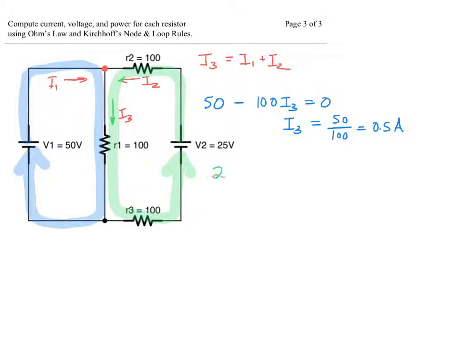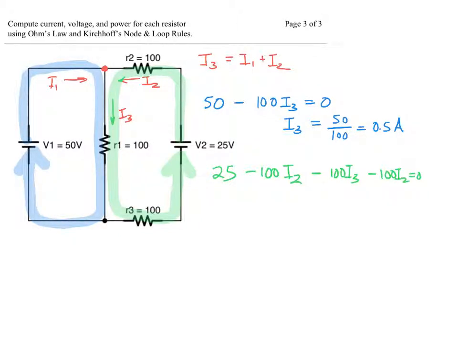So we'll have 25 volts when we pop out of the top of that battery, minus 100 I2, because that's what's going through resistor 2, minus 100 I3, which that'll just turn out to be a 50, minus 100 I2 equals 0.